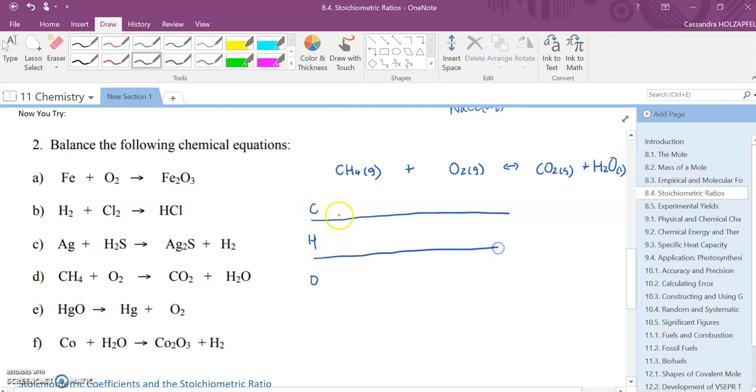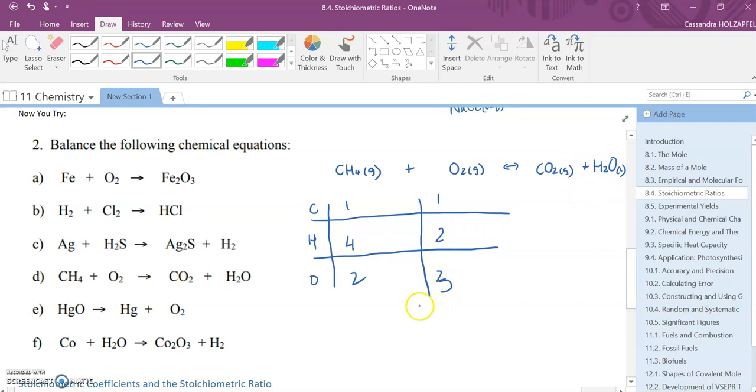Okay, so on the left-hand side of my equation, I've got 1 carbon, 4 hydrogens, and 2 oxygen atoms. On the right-hand side of the equation, I have 1 carbon, 2 oxygens, three oxygens, because I've got this one here in the water, and I've got 2 hydrogens.